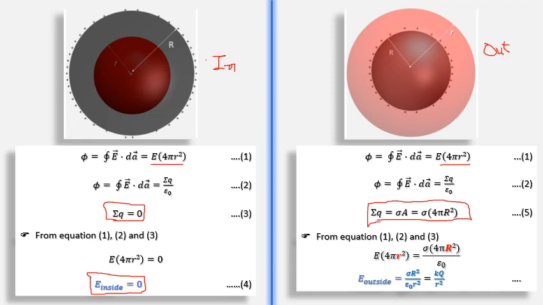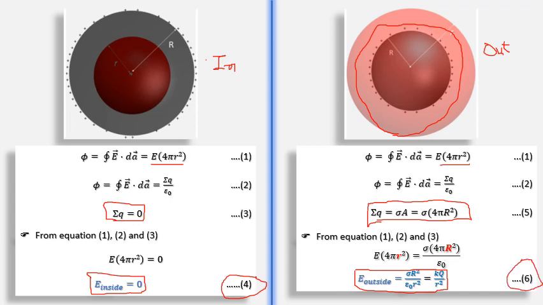When your point is outside, this is the Gaussian surface, and you now have charges enclosed, which can be given as sigma A or sigma into 4 pi r square. Substitute, simplify, and this is what we get, kq by r square. So equation 4 and equation 6 give us the electric field due to a charged spherical shell inside as well as outside.